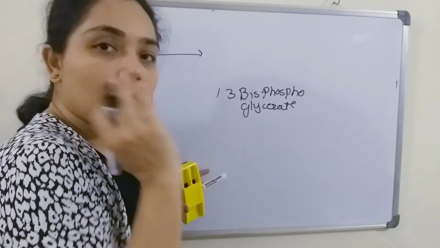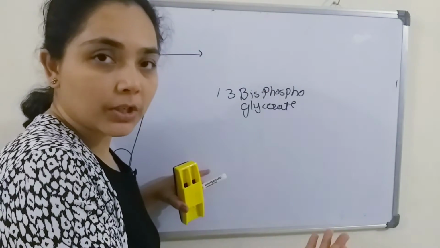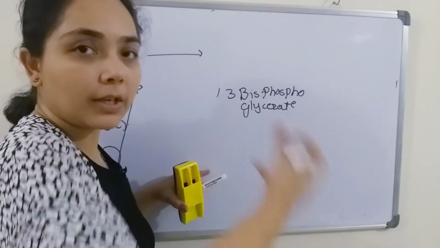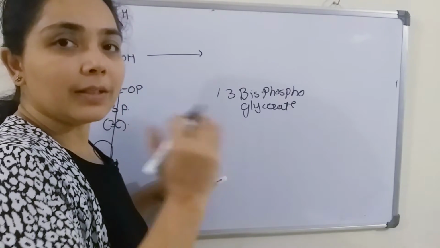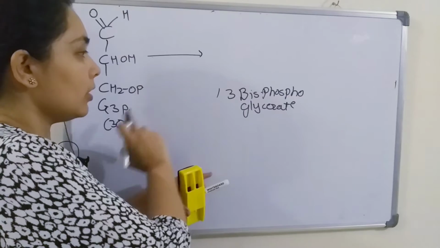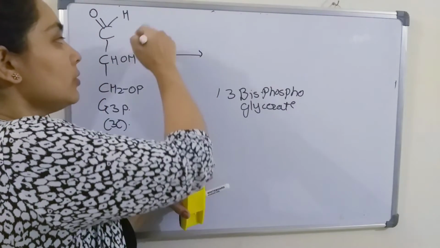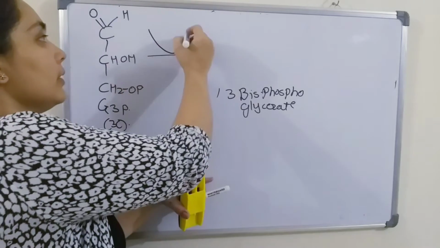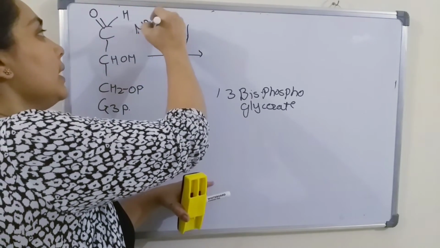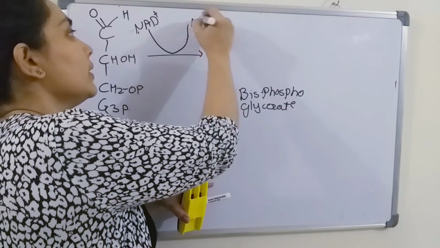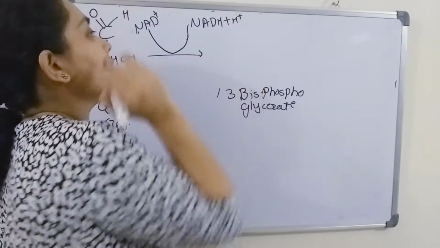Whenever there is an oxidation reaction, at the same time something has to be reduced. Oxidation and reduction always take place together simultaneously, so that is a redox reaction. Here the conversion of aldehyde into acid is oxidation. The oxidizing substance here is NAD+, which will be reduced into NADH plus H+.